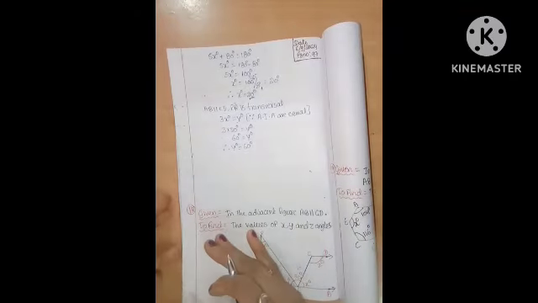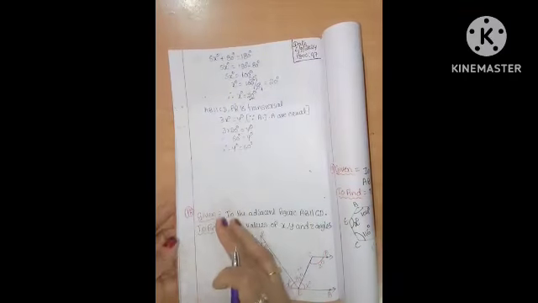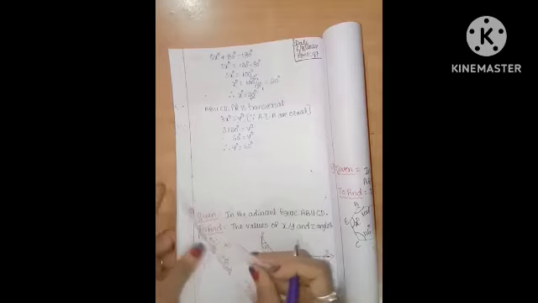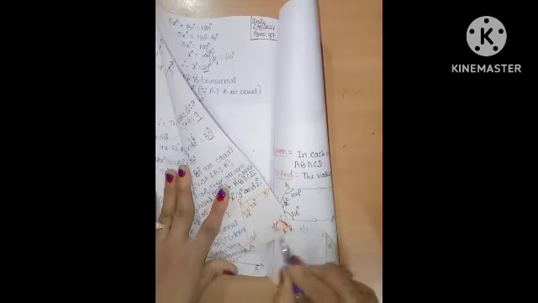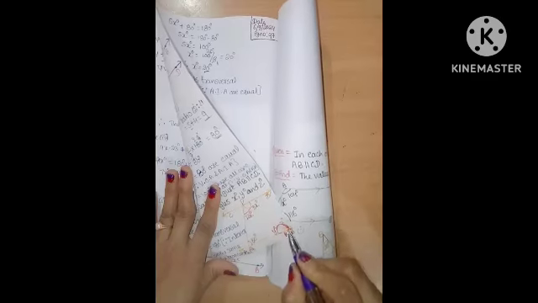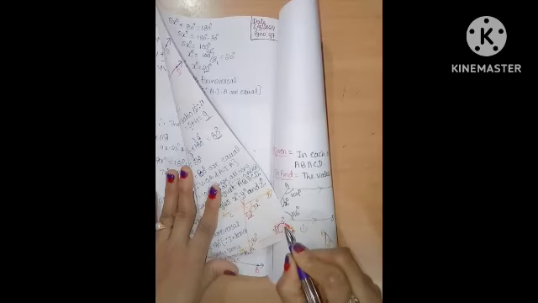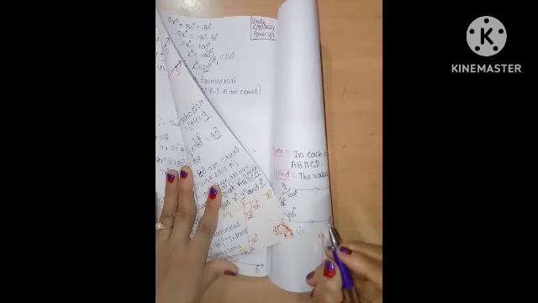Next, another one. x degrees is over and y degrees is over, and z degrees. How will you get z degrees? AB is a straight line. So y degrees plus z degrees is equal to 180 degrees.